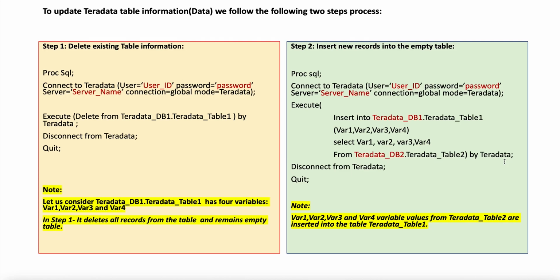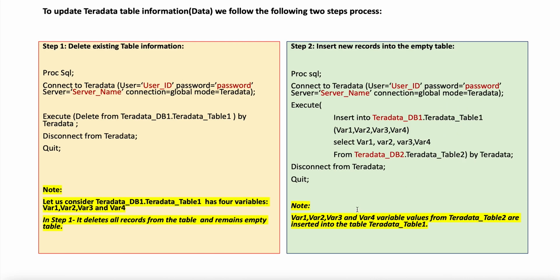By Teradata, disconnect from Teradata and quit. When we run the second set of code from proc sql to quit, it selects all the values of var1, var2, var3, var4 from table 2 and inserts into table 1.